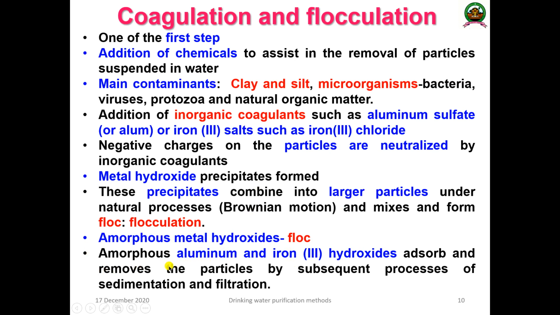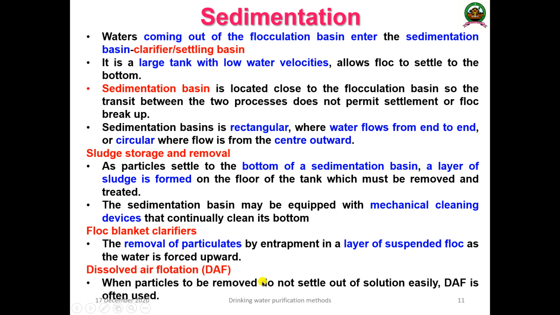This amorphous aluminum and iron hydroxide absorbs and removes the particles by the subsequent processes of sedimentation and filtration. The aluminum and iron hydroxide will absorb whatever impurities are present in the water and remove them from the water. So that is the next important step.